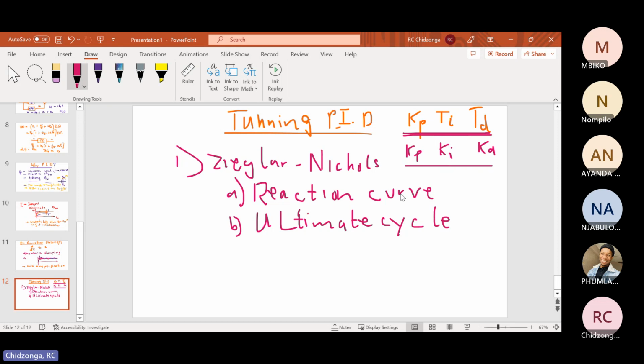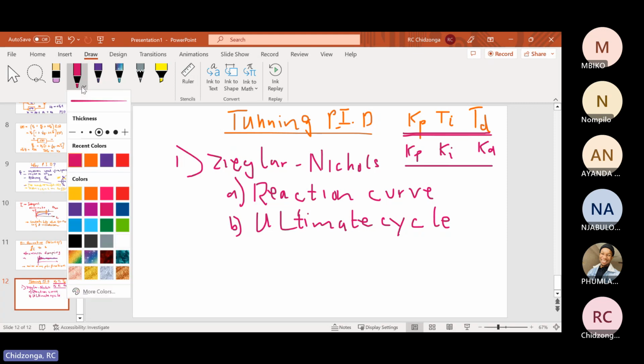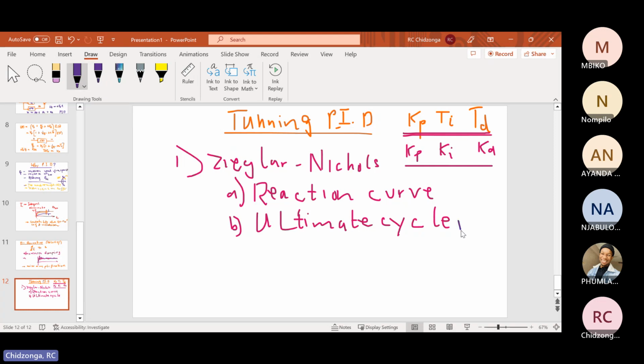I'm going to talk to one method, and come to a stop for now. I've not been able to finish whatever I wanted to say, but I've said most of it. So let me repeat myself. The PID has got three parameters which need to be tuned or whose values need to be set.